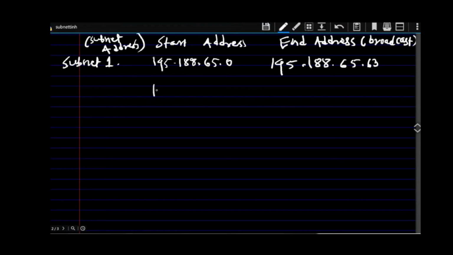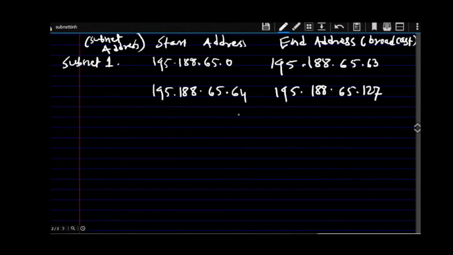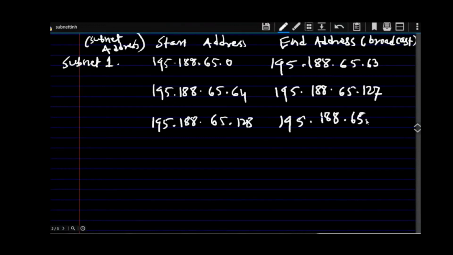Now tell me the second subnet. 195.188.65, the next address is 64. And what will be the last address here? 195.188.65.127. Then the third subnet, 195.188.65.128. Adding 63 to this, it will become 195.188.65.191.